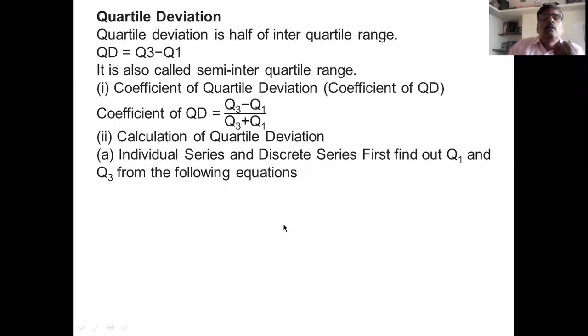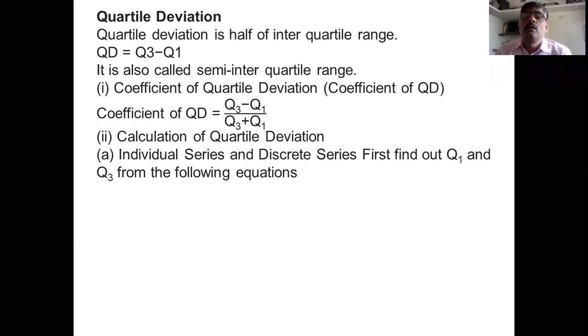Next, come to the quartile deviation. What is quartile deviation? Quartile deviation is half of the interquartile range. The interquartile range means the difference between the first quartile and the third quartile.